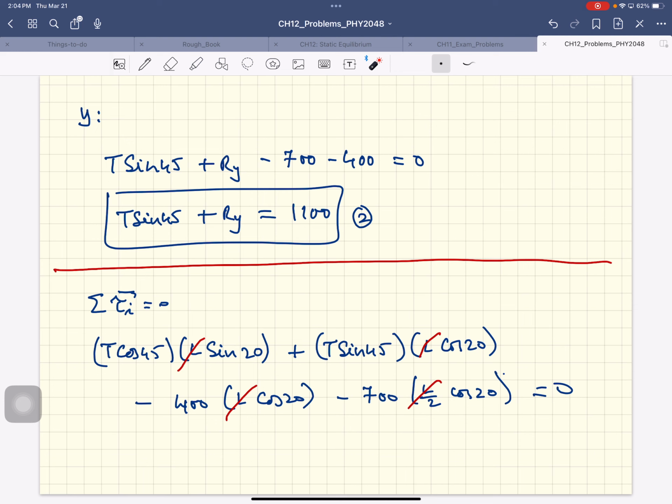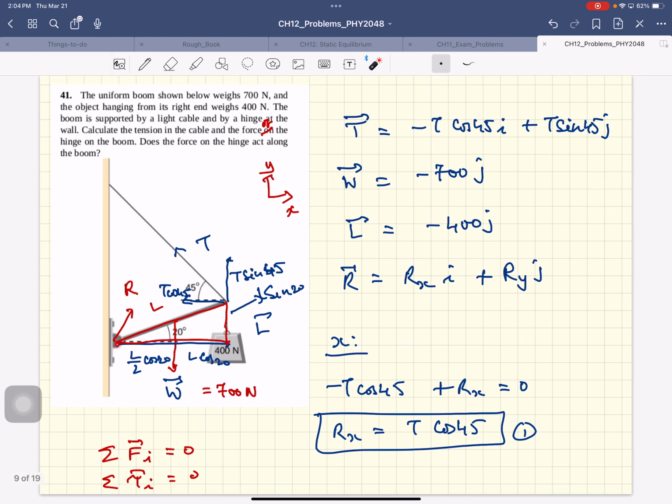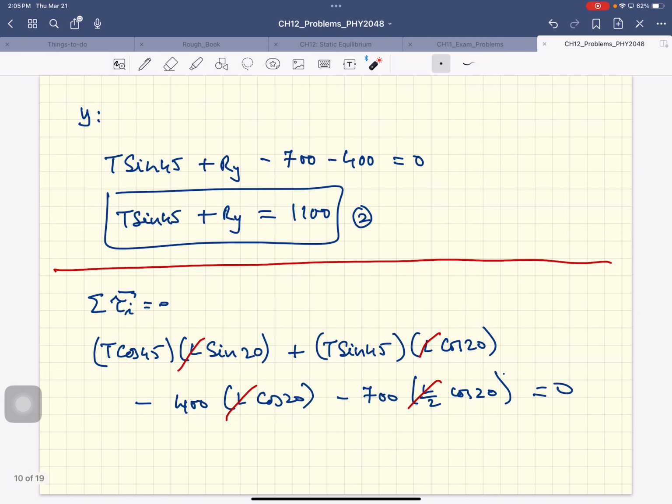And that was the whole point of picking that point as the point about which to calculate the torques. Okay? Again, go home and review this problem. It's not going to be on the exam, but you've got to understand it.